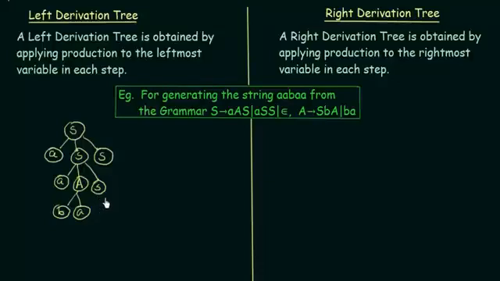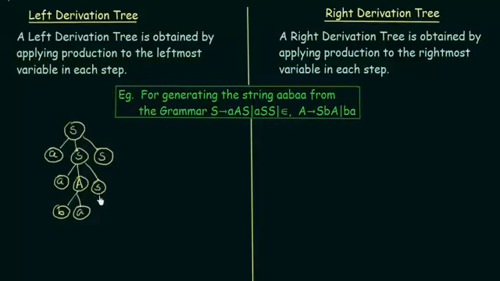Okay, so I go back to the previous step, and here I see that I have an S, which is my variable, and I already got A, B, A. Now what I need is just one more A. So for that, I will choose the production S gives A S S. That is because I'll get an A from here, and I'll have two S remaining, but I can replace those S with an empty symbol epsilon.